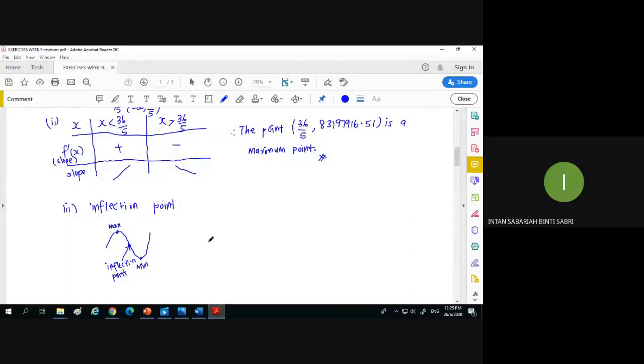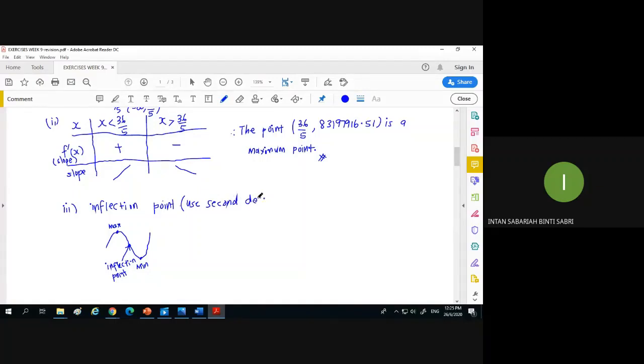So to find the inflection point, you must use the second derivative. Not the second derivative test, but the second derivative.